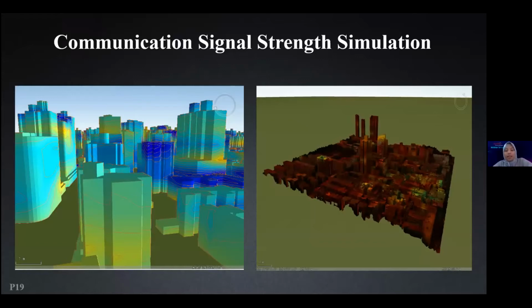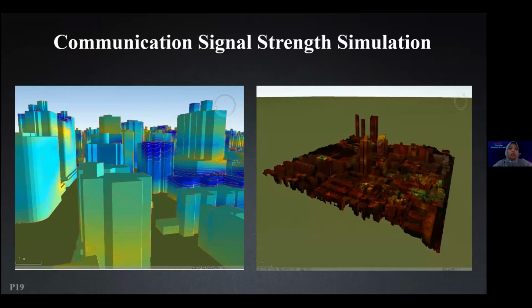As a result, it will create 3D interpolations, which represent the information we need based on the data that has been interpolated. And this is really interesting for smart city application analysis.